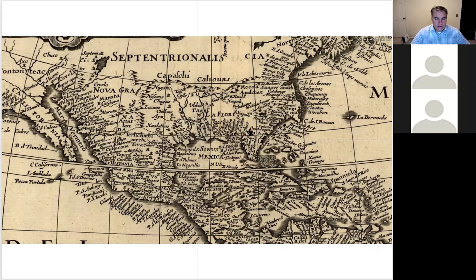One thing that the Spanish did accomplish in the De Soto expedition was they released domesticated animals, just like they had done in the Caribbean. They released hogs, they released goats, and they released cattle. And cattle actually wound up being fairly successful in reproducing.